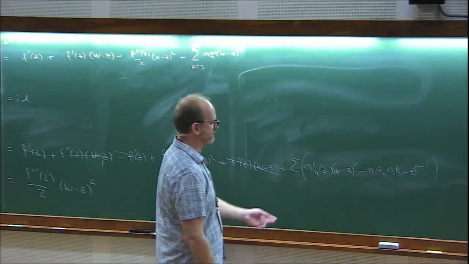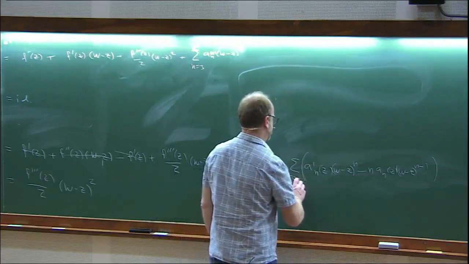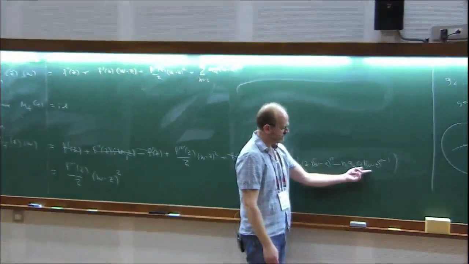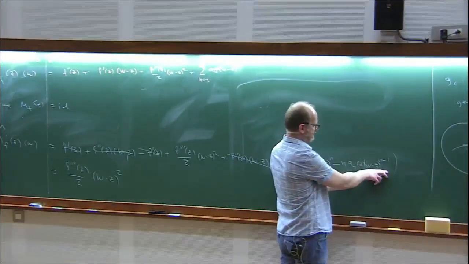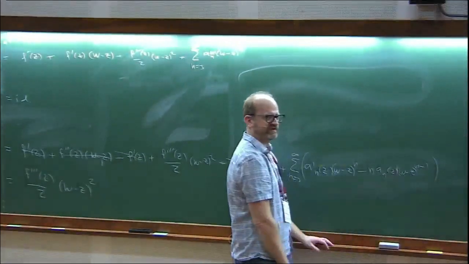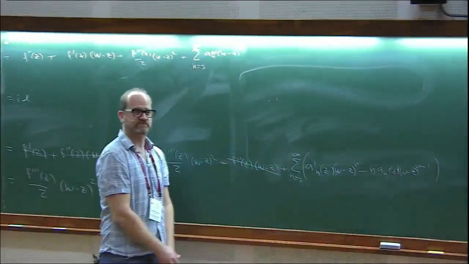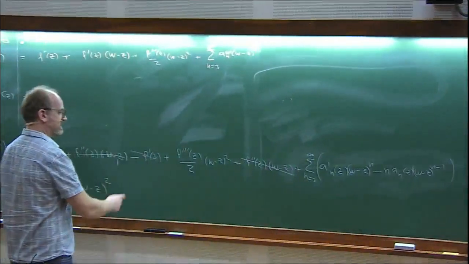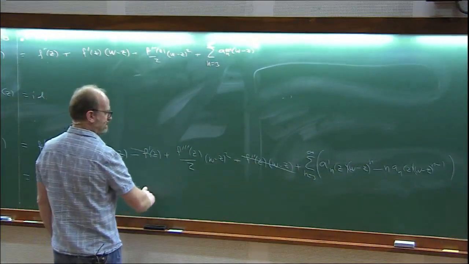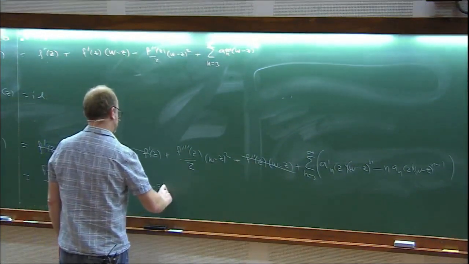So we're starting here at n equals 3. The only term in here that's going to be quadratic is this right-hand term when n is exactly 3. All the other terms will cancel out. They have to. You don't need to know exactly what they are. So there'll just be one term here with 3 a_3 (w minus z) squared.